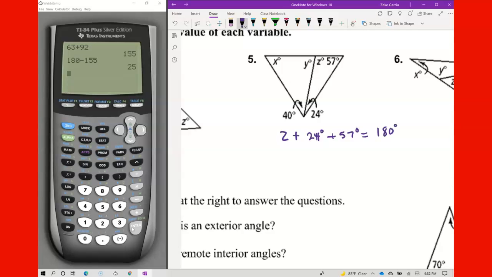So we have 24 plus 57, and that gives you 81. So we have z plus 81 degrees is equal to 180 degrees. Subtract 81 from both sides. And so z is equal to 99 degrees.